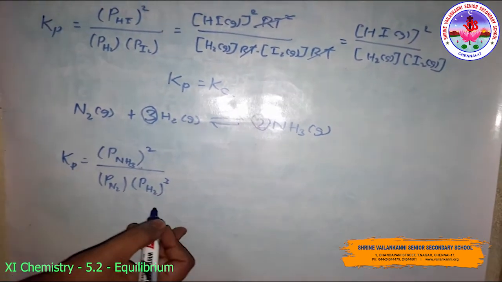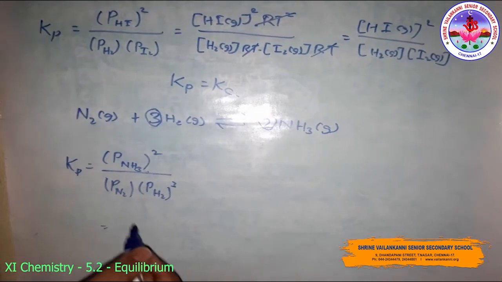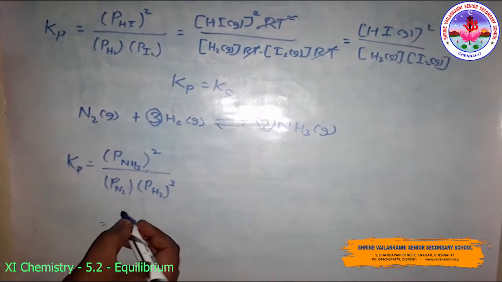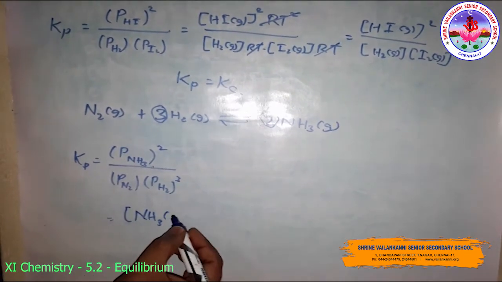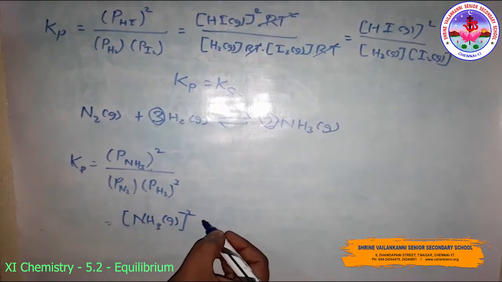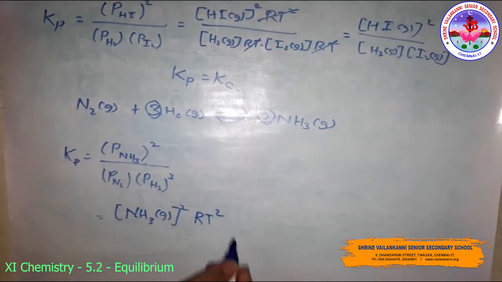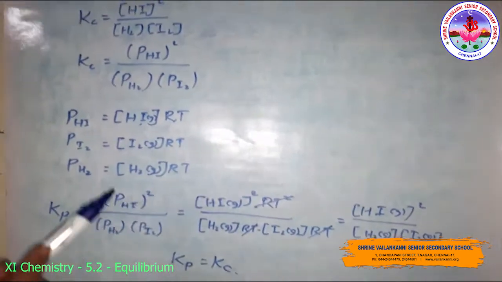So we can write the concentration values for this reaction. Concentration of ammonia gas power 2 into RT square, according to the previous equation.